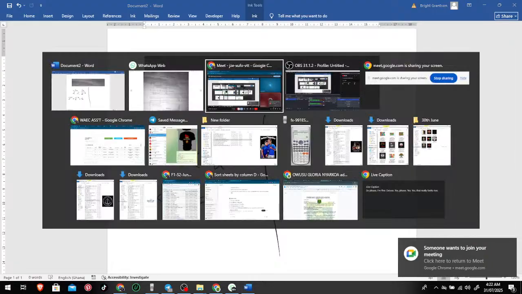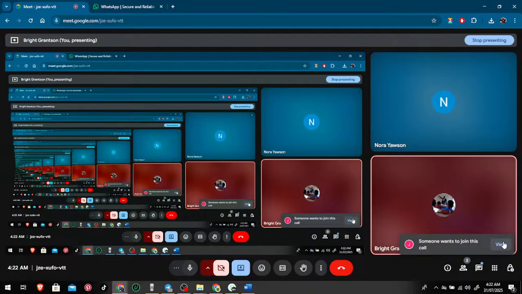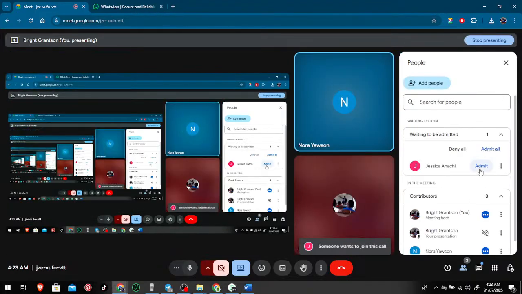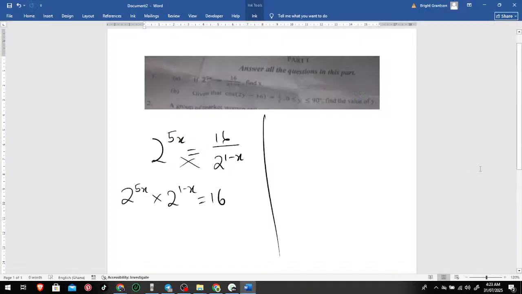Are you okay? Yes. Okay. After that, the laws of indices: when you see a multiplication sign, you add the exponents. So 2 exponent 5x plus 1 minus x equals, this becomes 2 exponent 4.